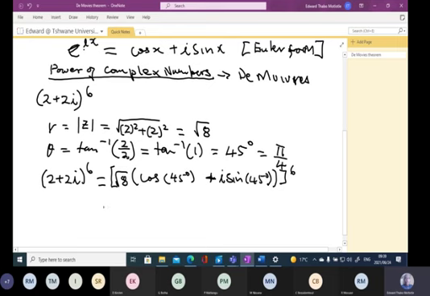Okay, now this simplifies to the square root of 8 to the power 6, and then we have, according to De Moivre's theorem, cos of 6 multiplied by 45 plus i sine of 6 multiplied by 45 again.